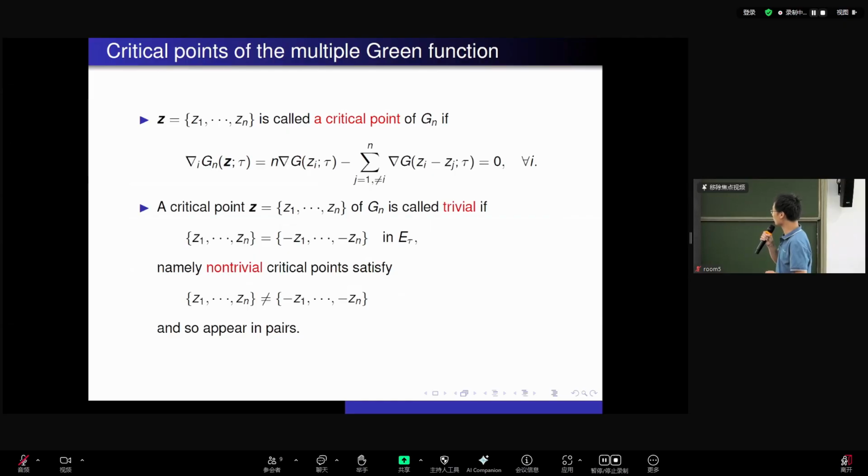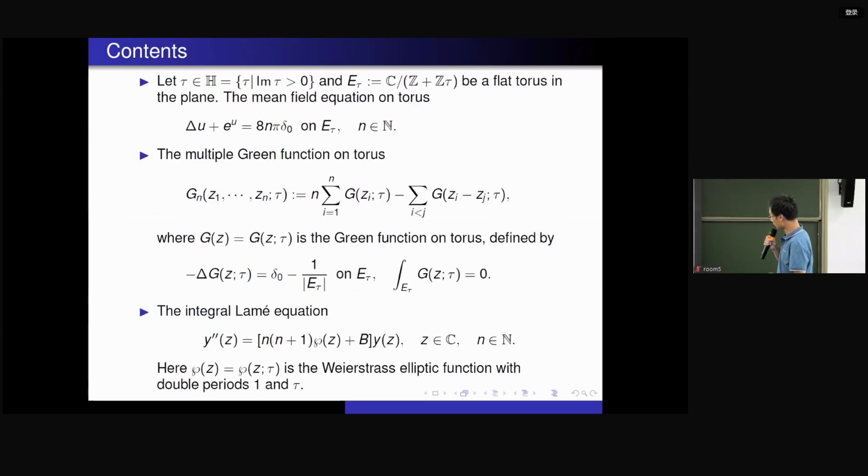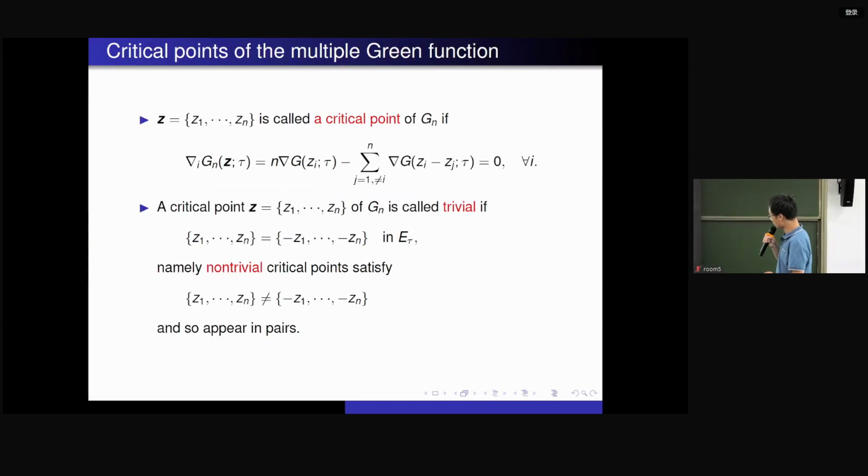Since the Green function G is an even function, if Z is a critical point, then minus Z is also a critical point. These two critical points may be the same in the torus. If they are the same, we call it a trivial critical point. If they are not the same, we call it a non-trivial critical point. So non-trivial critical points must appear in pairs.